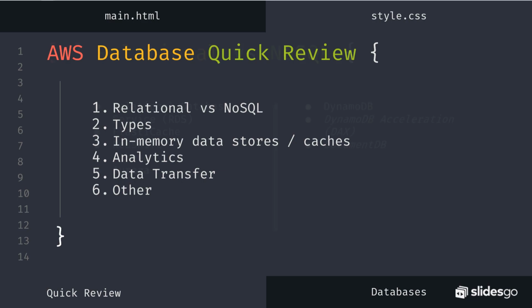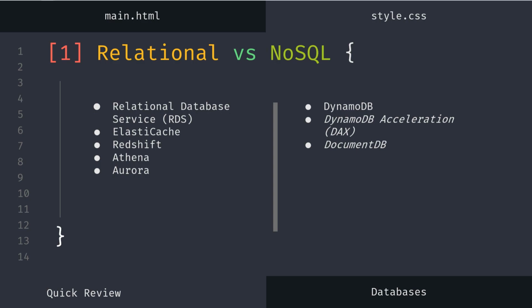Let's begin. Number one, we like to think about relational versus NoSQL databases. We have a couple of apps on the left and on the right, and some things are italicized, meaning they might not necessarily be on the exam, but we want to be over-prepared rather than under-prepared.